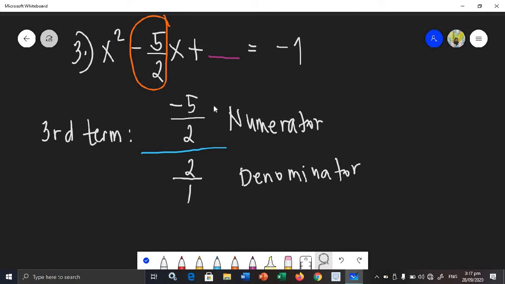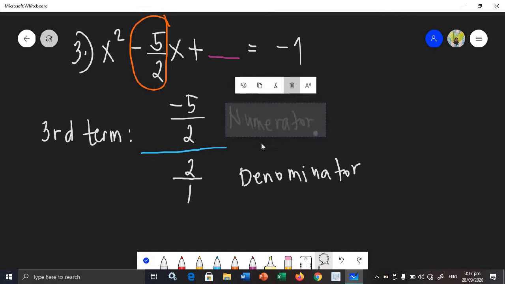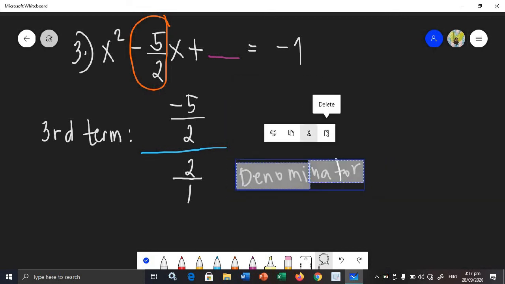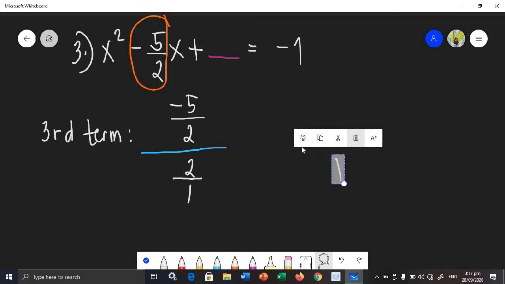Yun lang yun. Yun lang yung gusto kong i-point out. So, di ba, negative 5 over 2 all over 2 over 1. Kasi si 2, wala naman siyang denominator talaga kasi whole number siya. Dinagdagan ni Ma'am Noemi ng 1, kasi sabi niya, ang mga denominators ng whole numbers ay always 1.